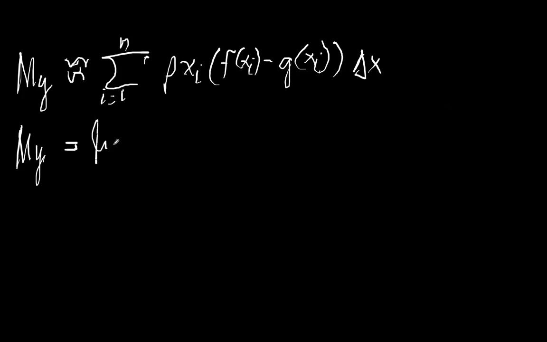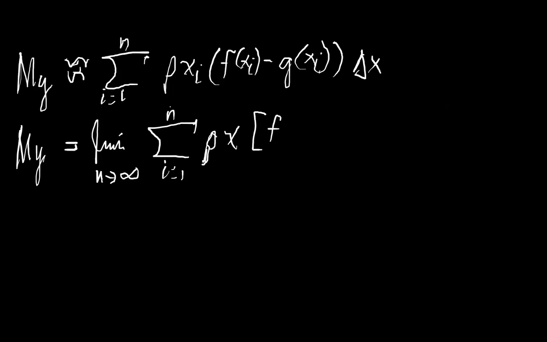So that's the limit as n approaches infinity of the summation from 1 to n of this expression, x times f of x minus g of x, delta x.